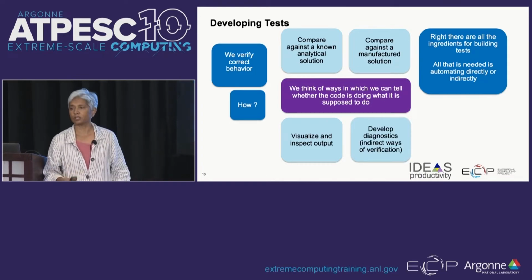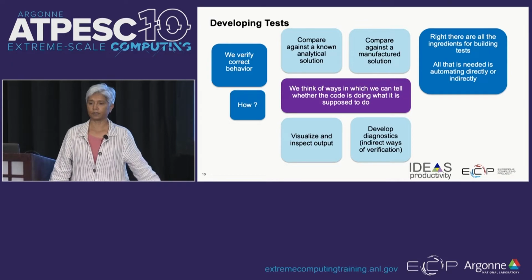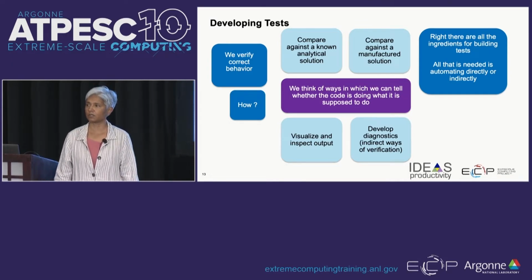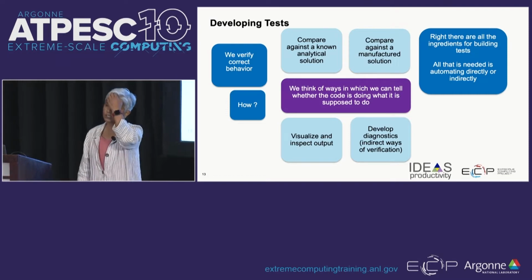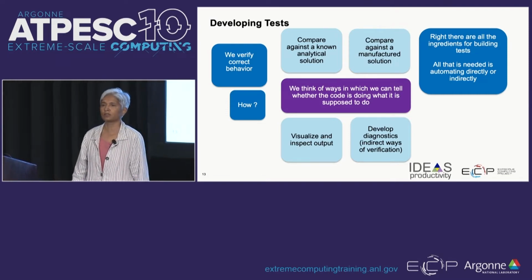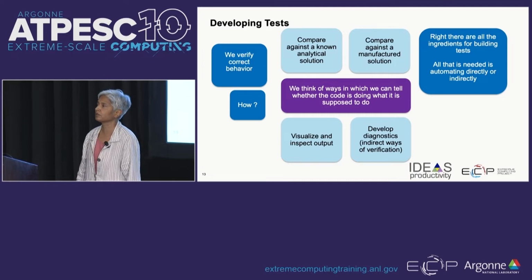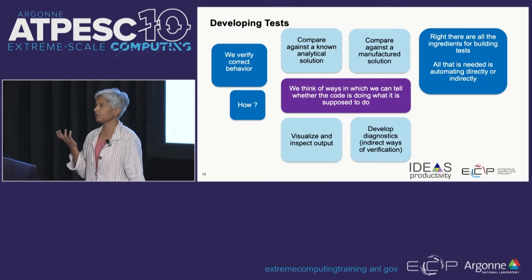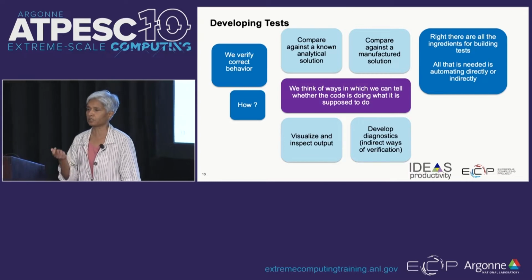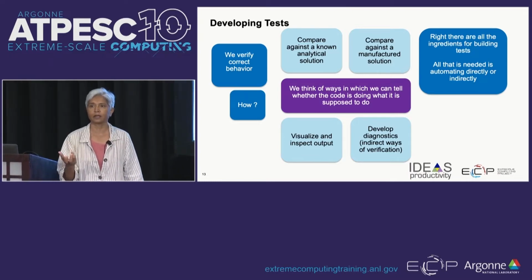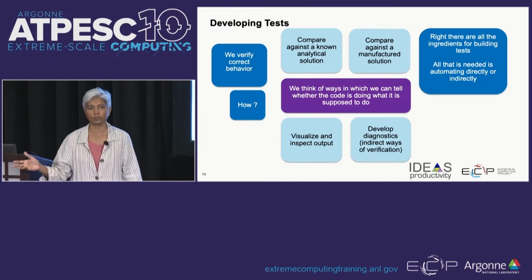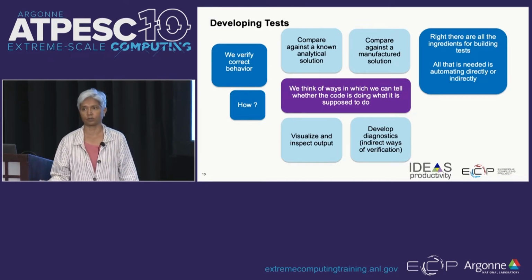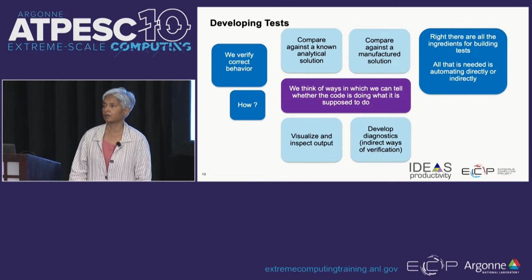And then, as I mentioned, there are ways of developing diagnostics, such as indirect ways of verification. In our world, for example, in FlashX, we are working with finite volume codes, and therefore one important thing is that all the physical quantities need to remain conserved. That is your canary in the coal mine: if any of the quantities does not remain conserved during the computation, then you know that your calculation is going wrong even without inspecting the outcome.